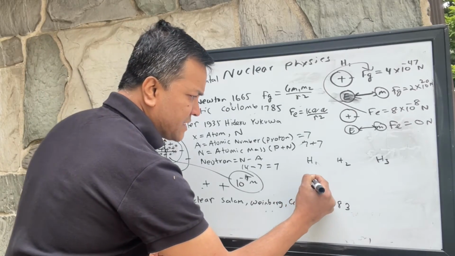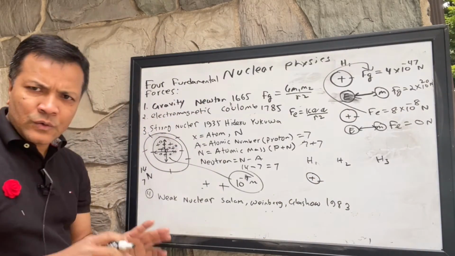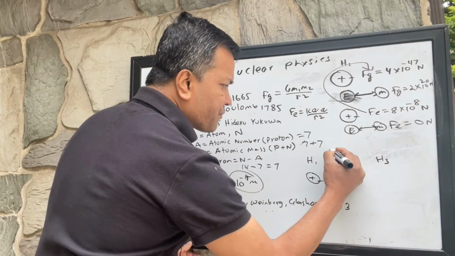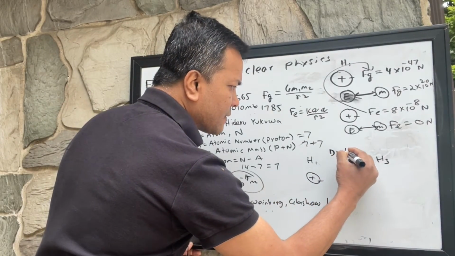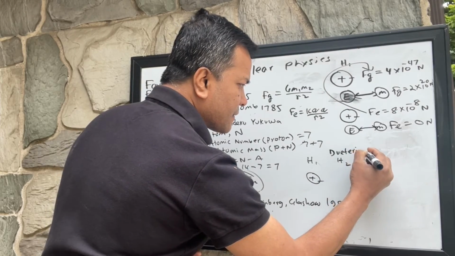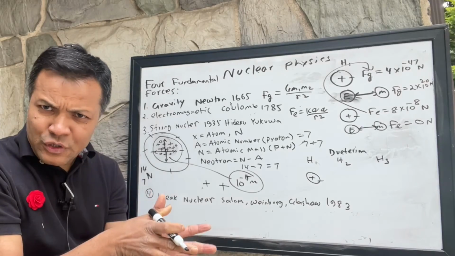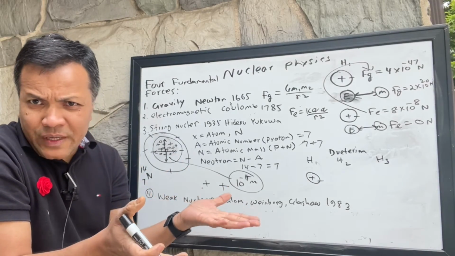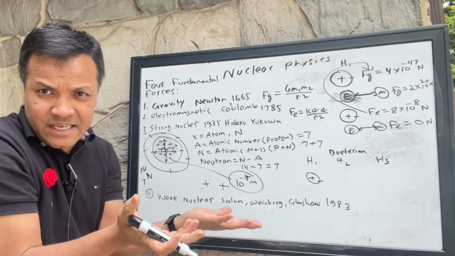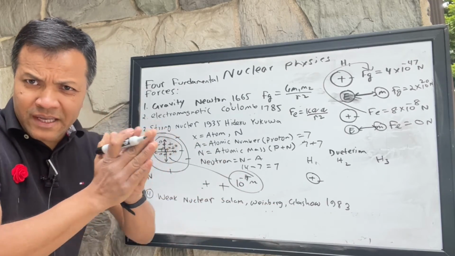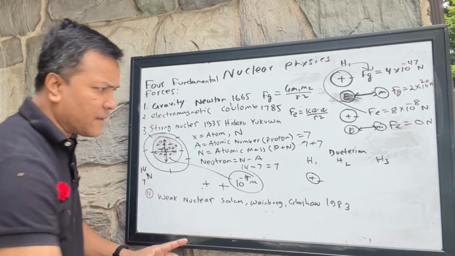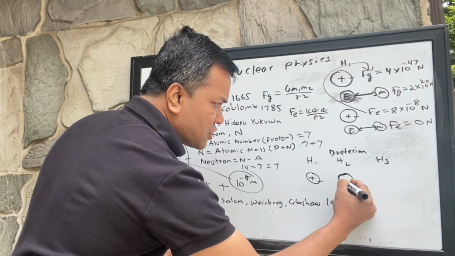So the typical hydrogen has just one proton inside, and then deuterium. If deuterium makes a bond with oxygen and makes a water molecule and you drink it, no problem, you're not going to die, promise. So what's wrong with deuterium?